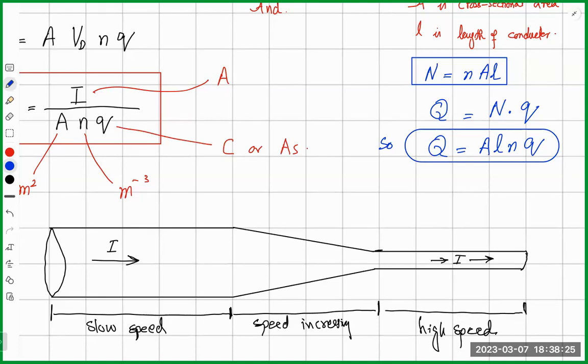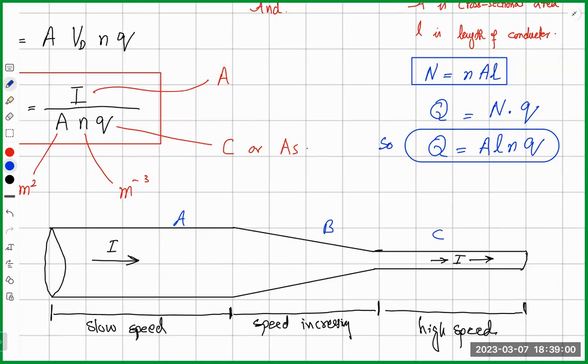Why is that? Answer is, say there are three portions of this conductor. Let's say this is portion A, this is B, and this is C. If 100 electrons are coming this way, how many will pass B? 100. How many will pass C? 100. If the same charged particles are passing, and you have a smaller cross-sectional area, so if area decreases, length must increase.